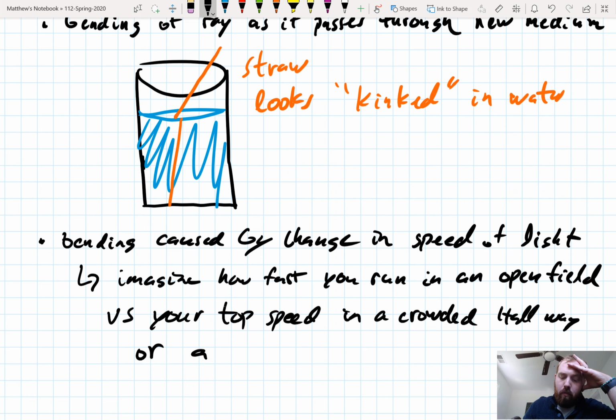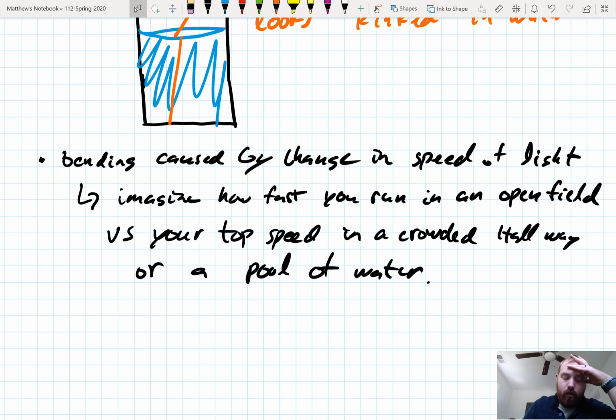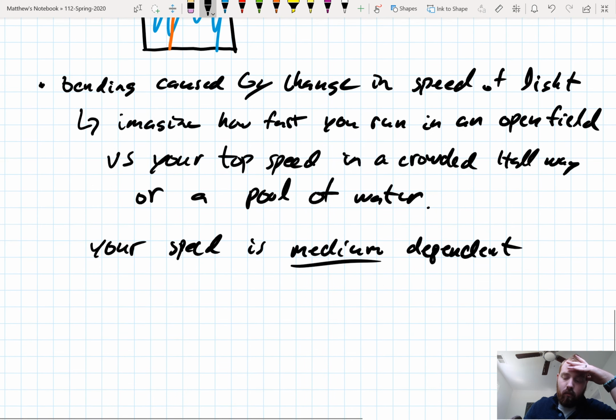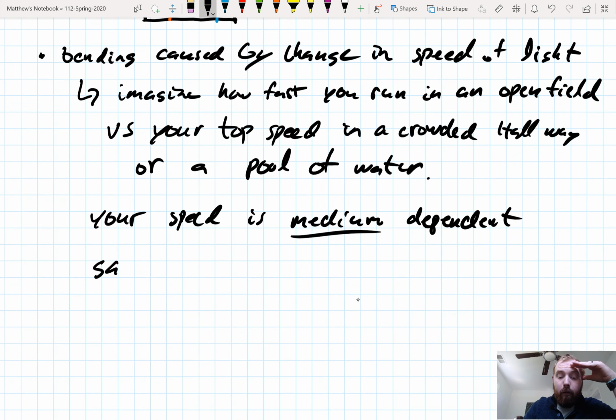Or a pool of water. Your speed is medium dependent. And it's the same thing for water. Or same thing for light.